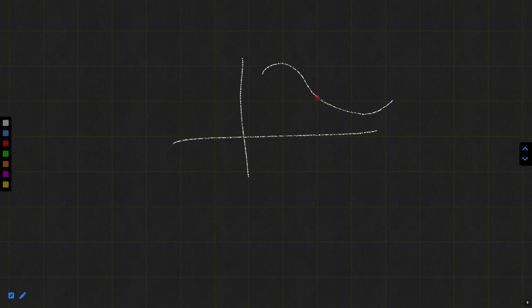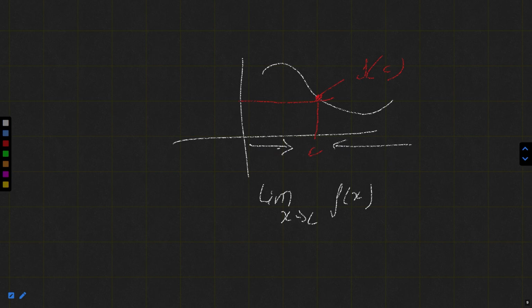Now this is c, and this is your f(c) point. What the limit of f(x) as x tends to c shows is that you are approaching c from the right hand side and from the left hand side, from both sides, and you find that this limit is going to be f(c).